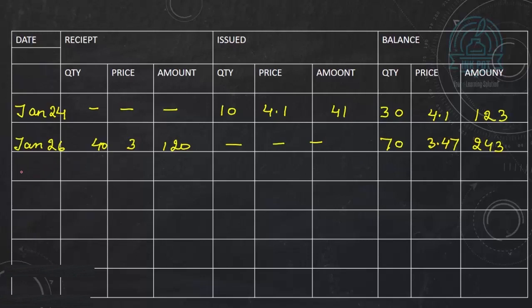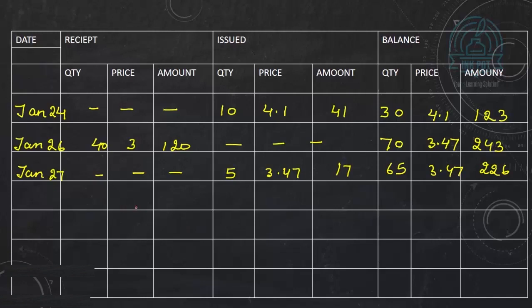Now, as on Jan 27, there is shortage of 5 units. So again, 5 units at the rate of 3.47. This comes out to be approximately 17, and now we are left with 65 units at the rate of 3.47, and the value is 226 approximately.